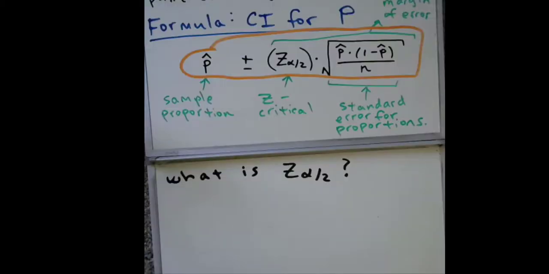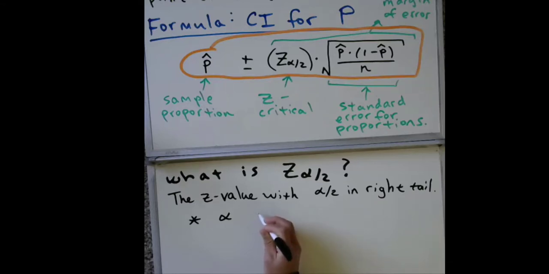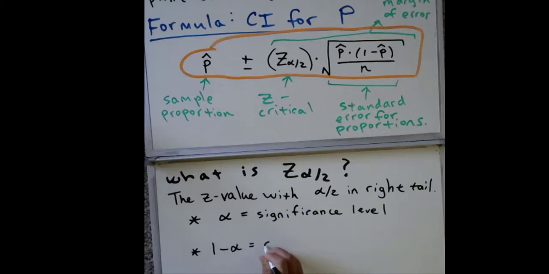Well, what is this Z critical number? This is just a Z value or a Z score with a certain area in the right tail. You may remember when we did confidence intervals for a mean that alpha is called the significance level, and 1 minus alpha is called the confidence level.